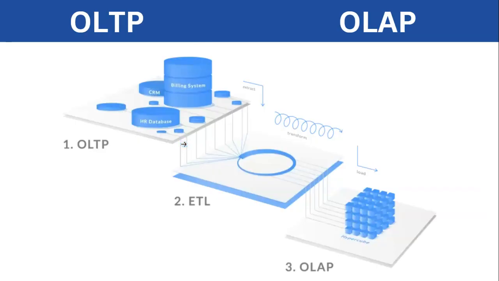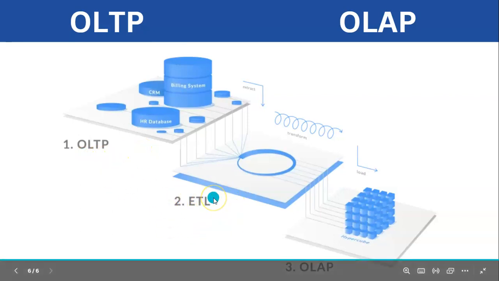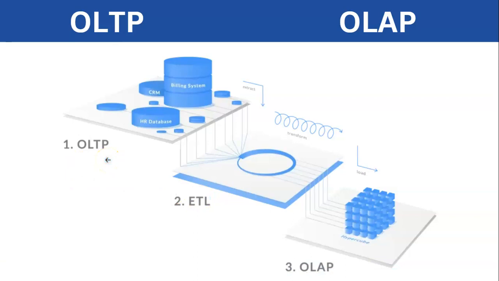Now coming to OLTP, this is also similar to that only. You can see here we are extracting the data, right? At the first stage we have OLTP. ETL I have already explained. Now let me explain OLTP. OLTP means online transactional processing.